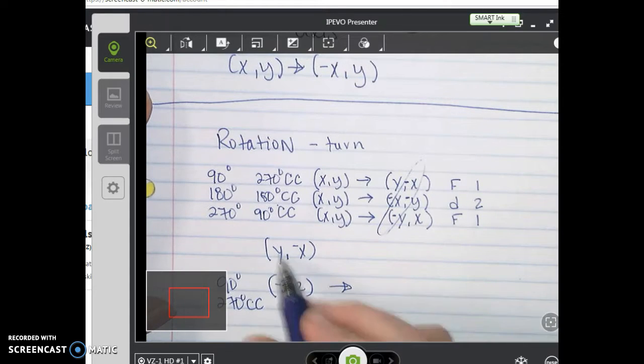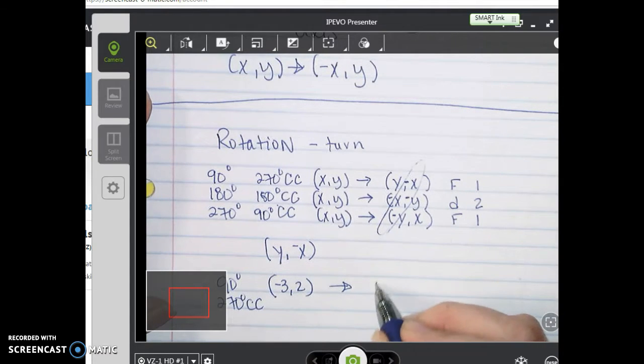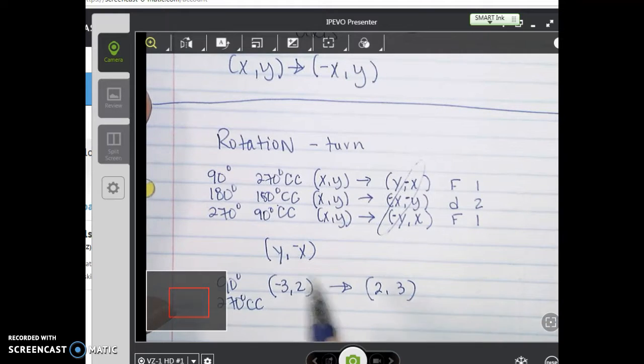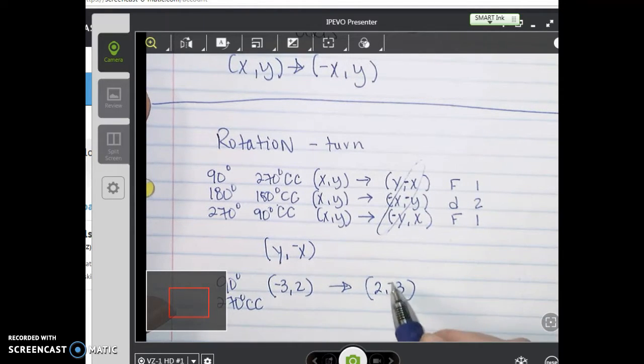Well, I would flip the numbers, so 3 and 2 would be 2 comma 3. This says y doesn't change sign, so if my y is positive, my 2 stays positive, but my x should change. Now x is negative 3, so now it becomes positive 3. And you can write it like that, or you could just write 2 comma 3.